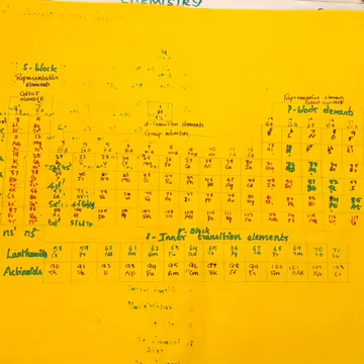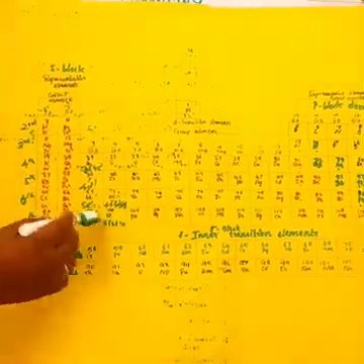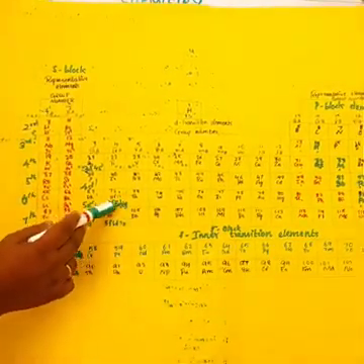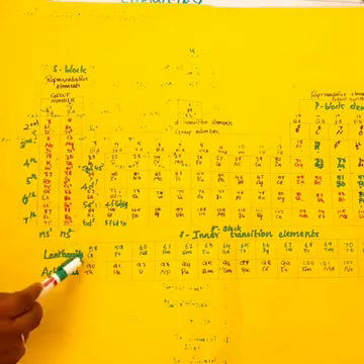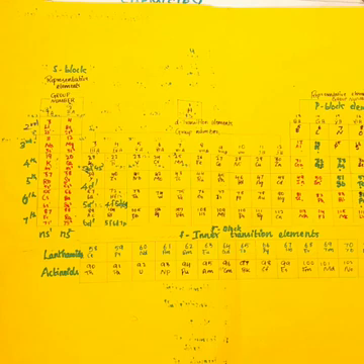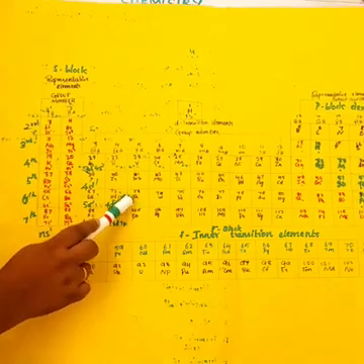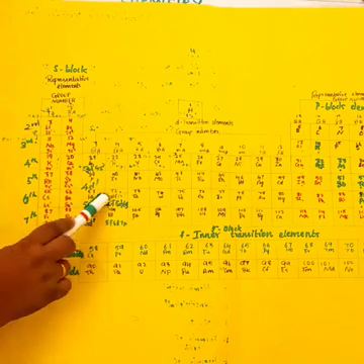In the sixth and seventh periods, the inner transition elements are placed. The sixth period inner transition elements we call the first inner transition series, or lanthanides.